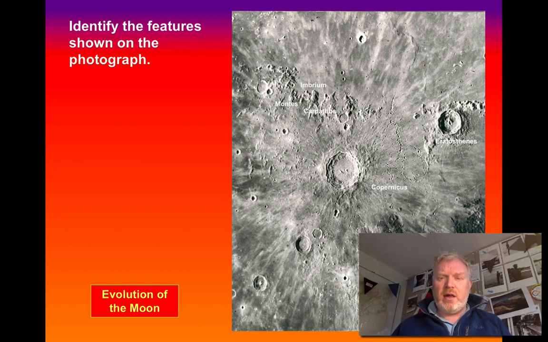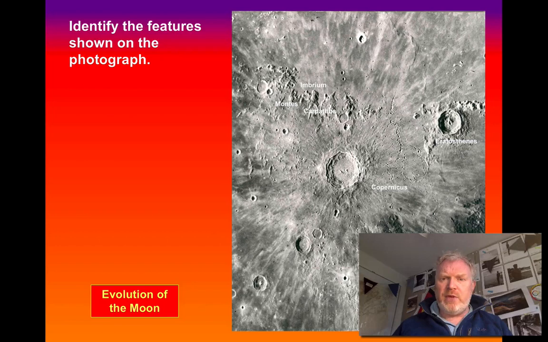You have an image of this part of the moon's surface on page 11 of your Theme 2 booklet. And it's on this page that this lesson is based. What I'd like you to do first of all is to identify any of the features you can recognise that are shown on the photograph.